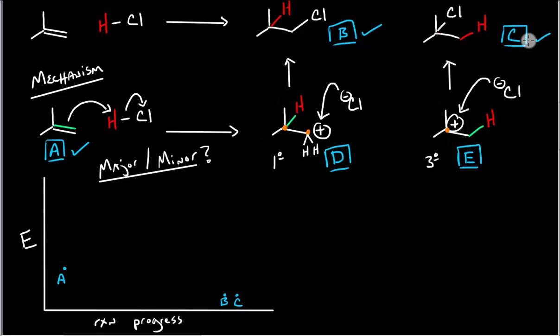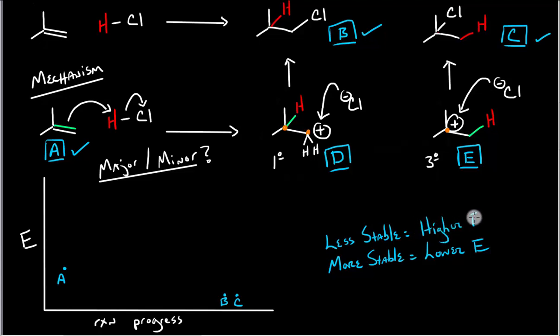The way we can relate this to our y-axis is that more stable species are going to be lower in energy, and less stable species are higher in energy. So more stable species equals lower energy, or lower on the y-axis, and less stable species are going to be higher on the y-axis, or have a higher energy, or higher E.